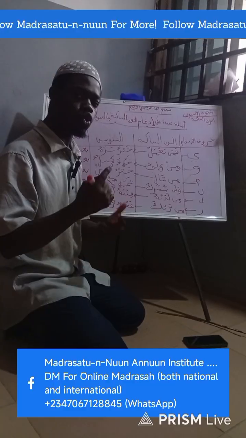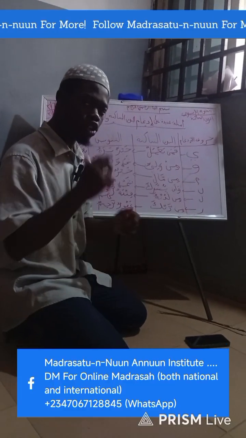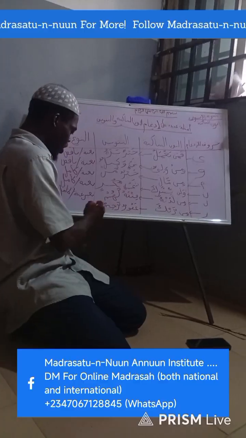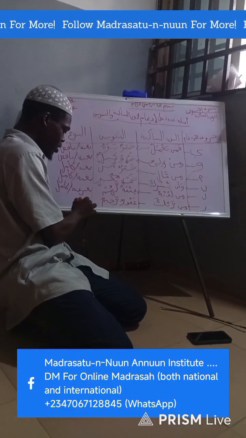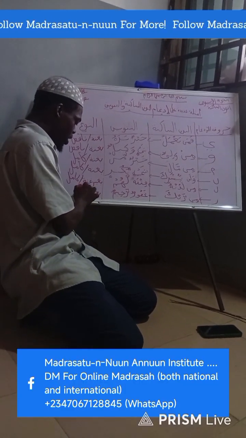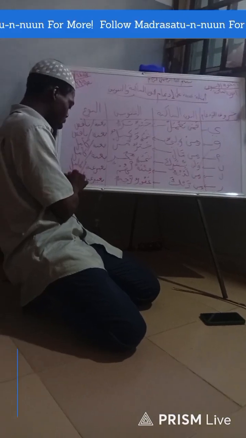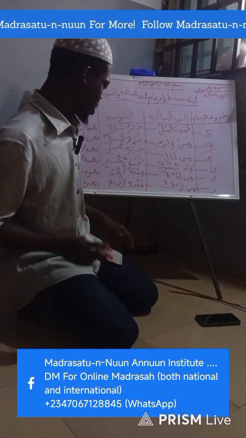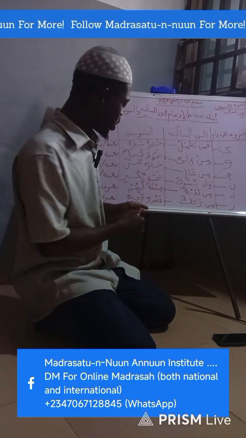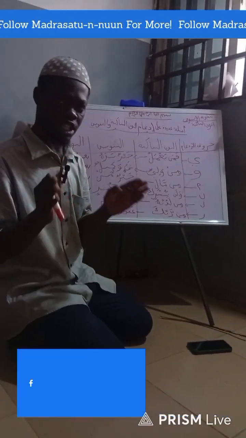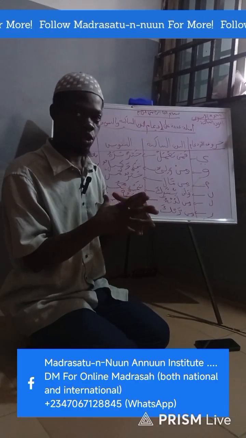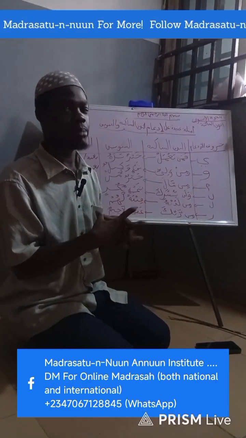Here, Rahim, Ghafur, Rahim. So this is what? بغير غنة, and it is kamil. And that is why when you check the Quran, you see shadda on them. This is the way to keep them, and also the logic behind it.